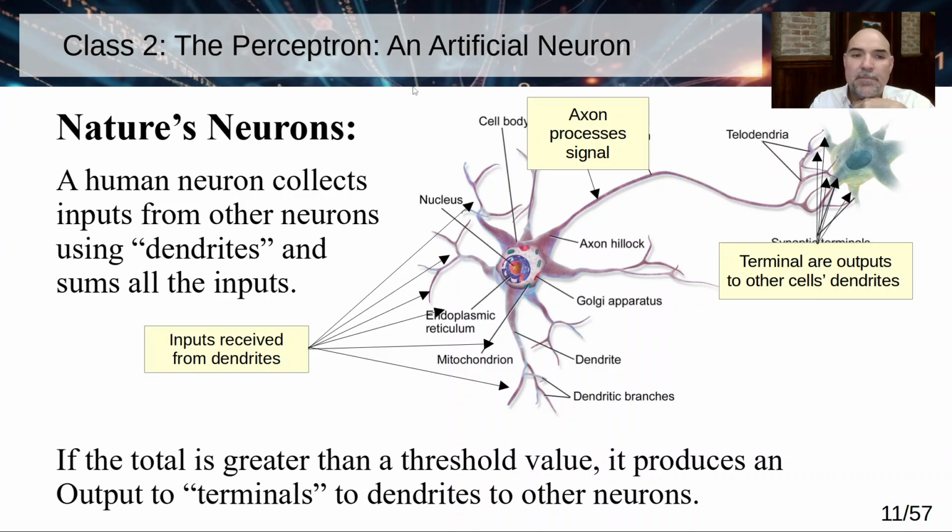Actually, the summation happens more back in the cell, but then this has the threshold. When it's exceeded, it fires. And when that fires, it goes to the outputs over here. So it has inputs, a little bit of processing in the middle, and outputs on the other side. So not too complicated to model. Something that receives inputs, adds them together. If it goes above a threshold, it fires a set of outputs.